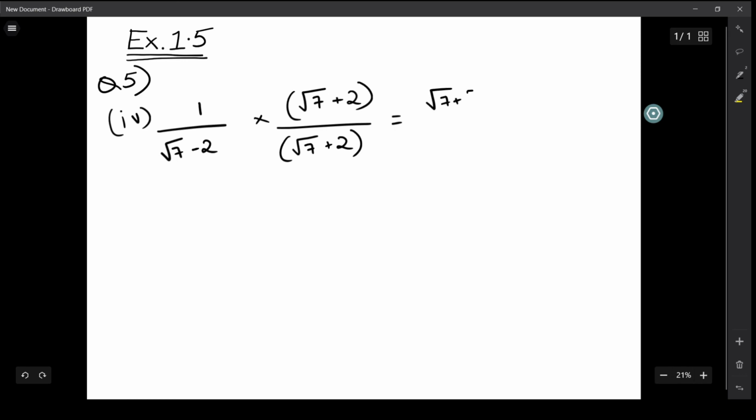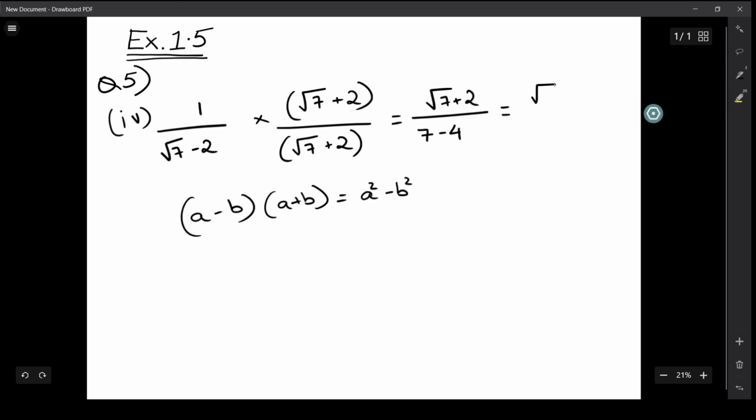So my numerator gives me root 7 plus 2, and in the denominator, I again use the formula a minus b into a plus b, which is a square minus b square, and hence in my denominator I get root 7 square, which is 7, minus 2 square, which is 4. So here I get root 7 plus 2 whole divided by 3 with a rationalized denominator. And that's the solution for part number 4 of exercise 5.